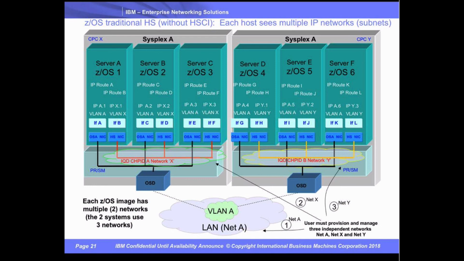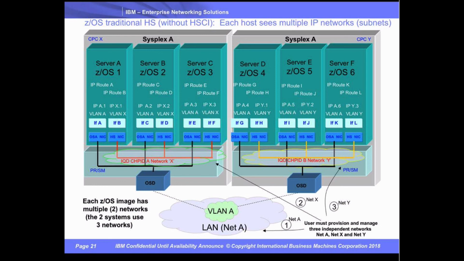There's network X, network Y, and network A. And so the hosts in system A, of course, are configured to connect to network A and network X. Here I call it IP address A dot something and IP address X dot something. And if you look at server D on the right, it connects to the external network A.4 and another unique internal network Y dot something.